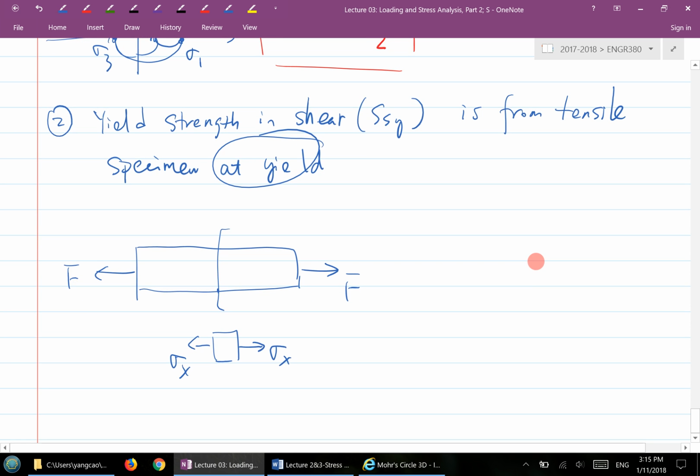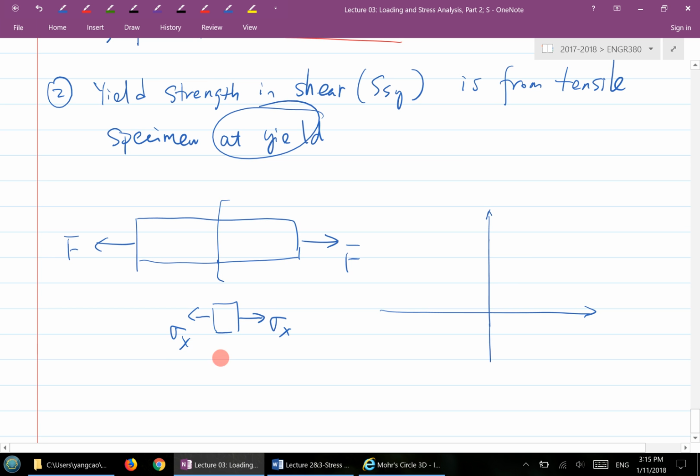If I draw a Mohr circle based on this state of stress, the Mohr circle will be just a circle like this, because sigma y is 0 and there's no shear stress, and this is your sigma x basically.